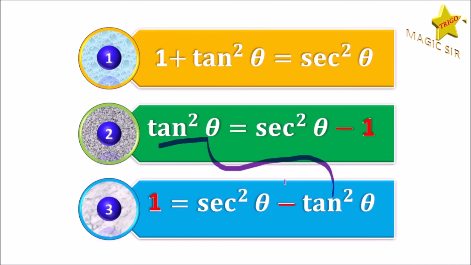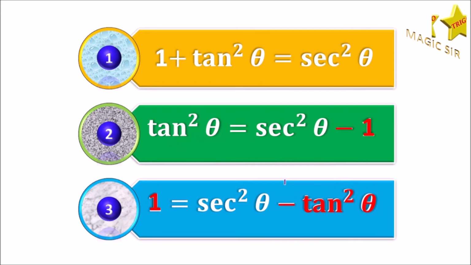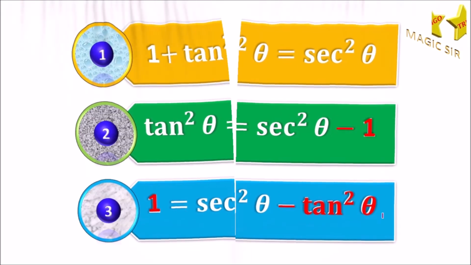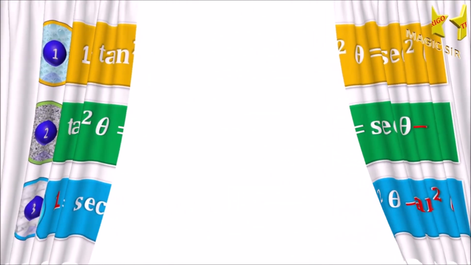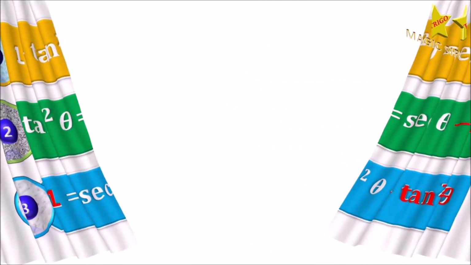So positive tan square theta changes to negative tan square theta. So we can write 1 is equal to sec square theta minus tan square theta. These are 3 different forms of 1 plus tan square theta equal to sec square theta.